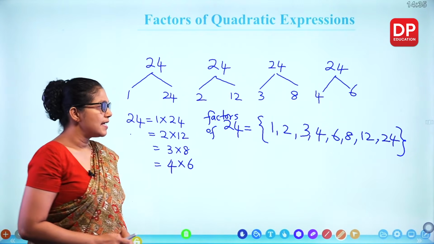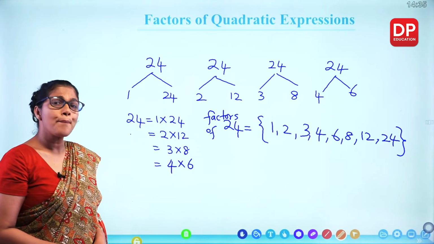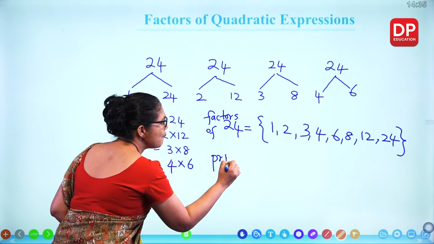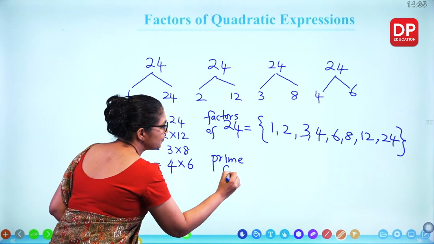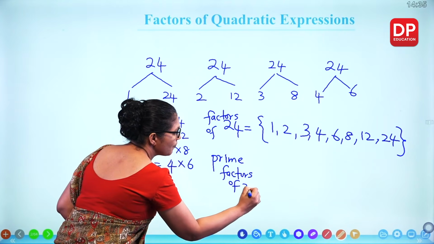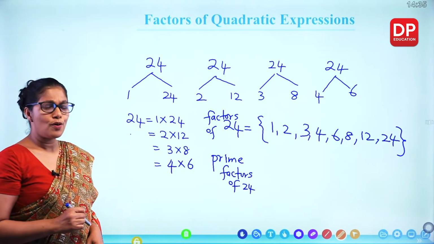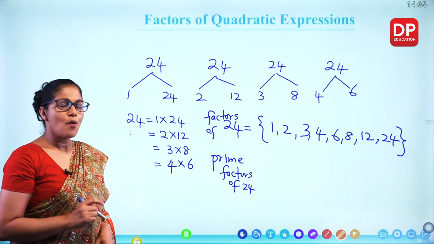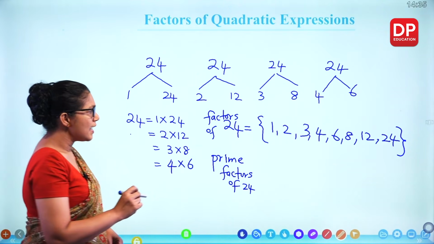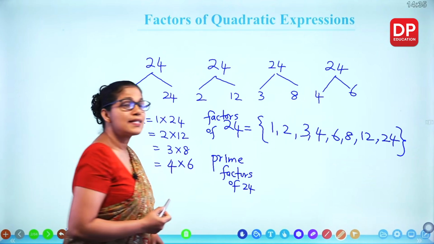Out of these, what are the prime factors? We need to know what prime factors are. We know what prime numbers are: only divisible by 1 and itself. So what are the prime numbers here?